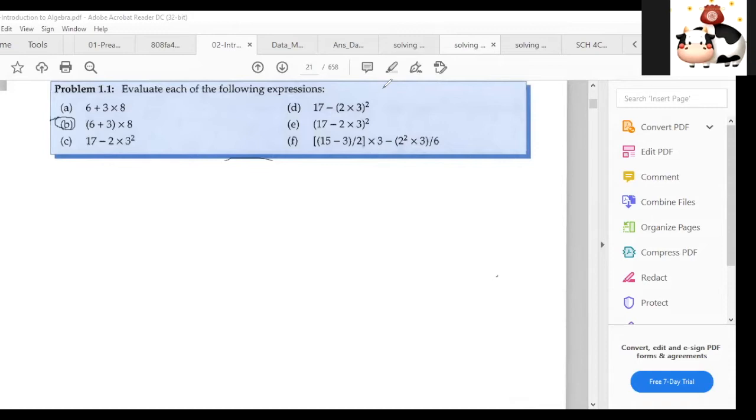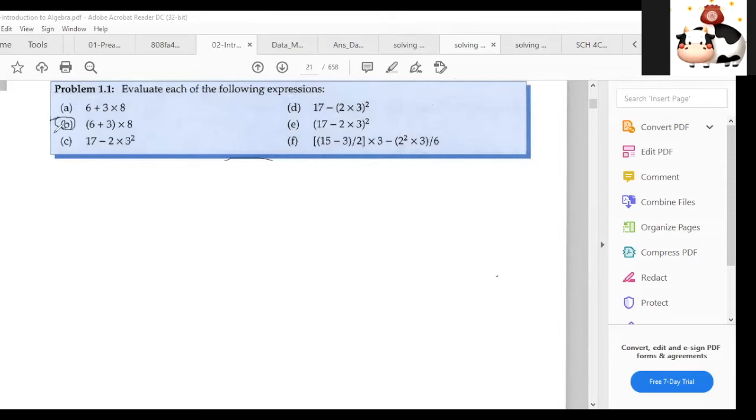Okay, let's do something a little bit more challenging. I'm gonna do C, and you have to tell me if I'm doing it correctly or not, okay? Remember, all of these are about order of operations, or we're using BEDMAS to help us remember the correct order of operations.